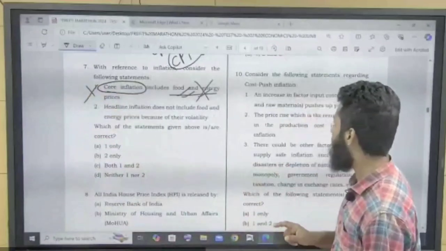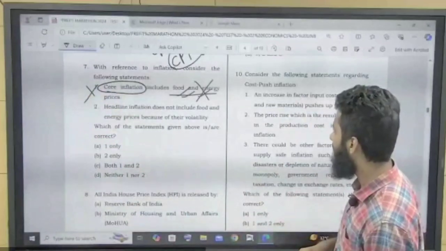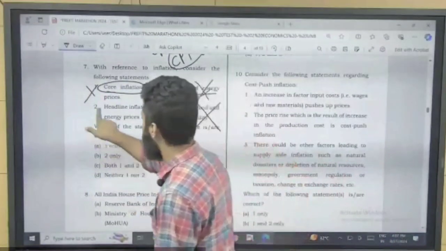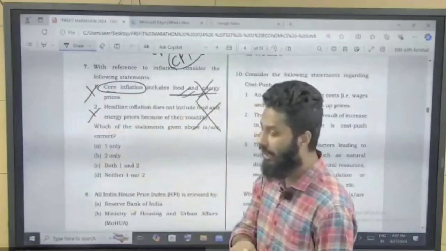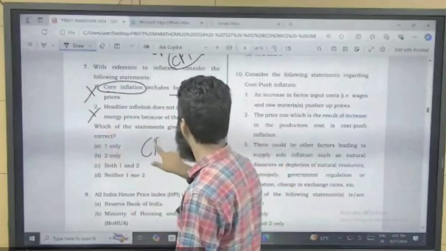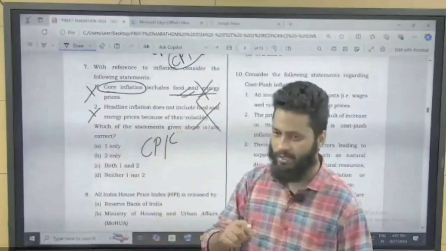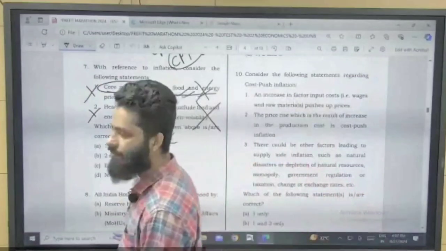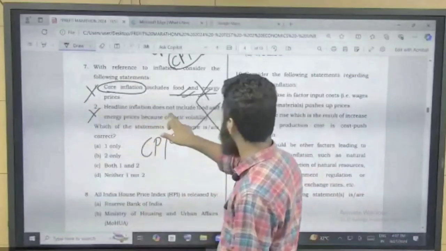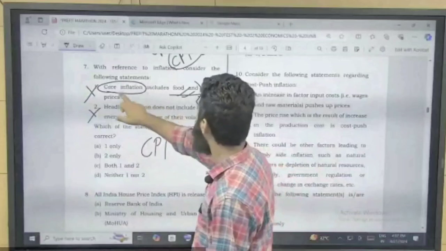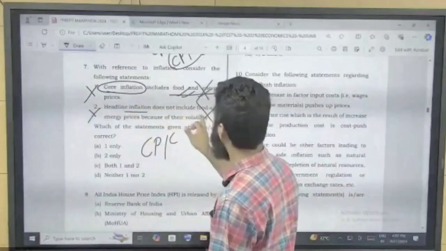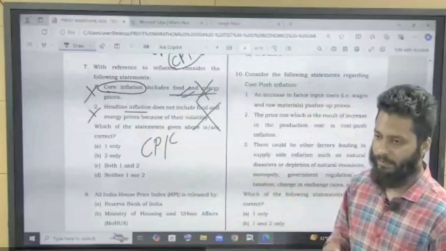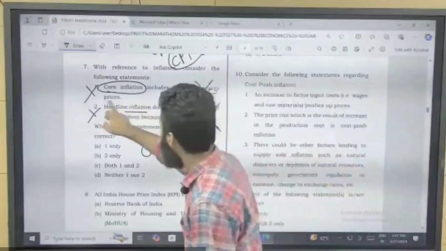Headline inflation does not include food and energy prices because of their volatility. This is incorrect again, because headline inflation is CPI combined, and CPI, that is Consumer Price Index, includes food as well as energy. So this statement is for core inflation.